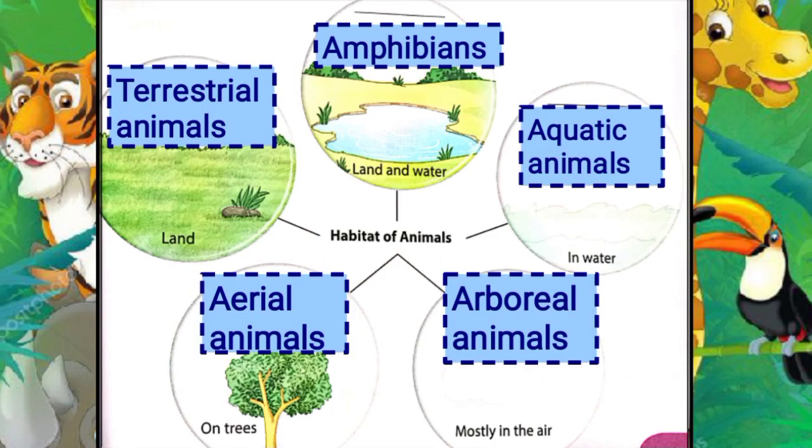Now let's understand about the habitat of animals. A habitat is a special place where a plant or animal lives, just like you have a home or a place to live. In the same way, animals also have their home.